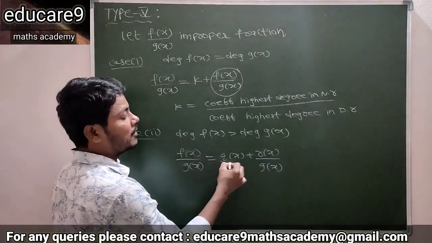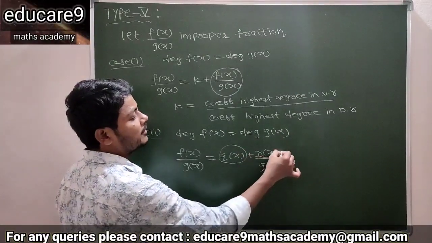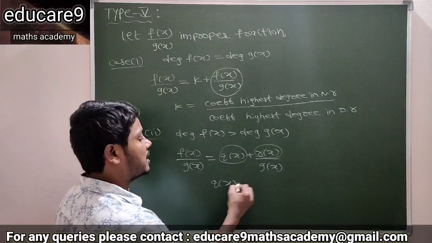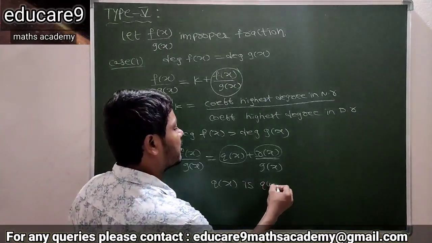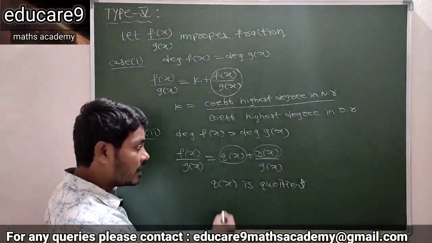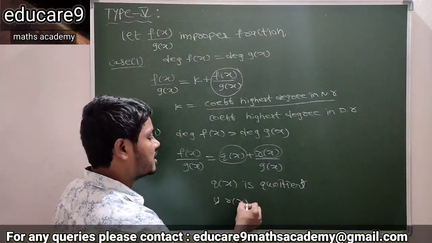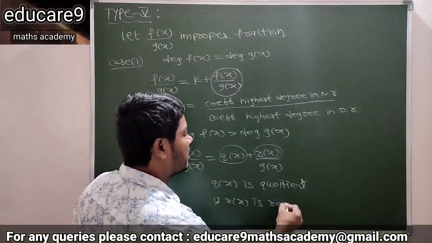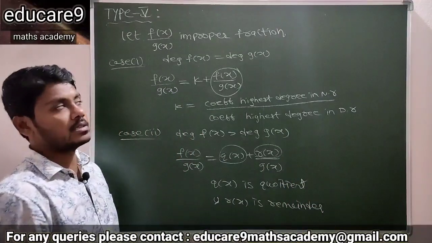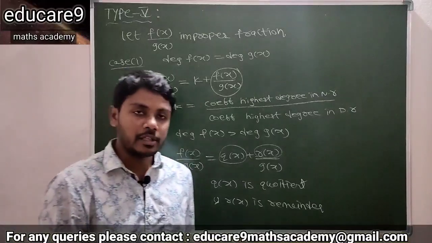So here q of x is the quotient and r of x is the remainder. Okay. So this is case 2. So this is type 5.